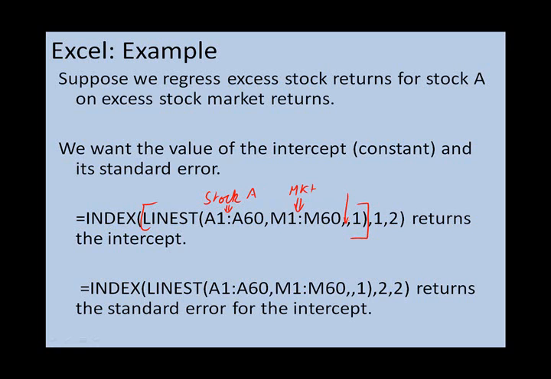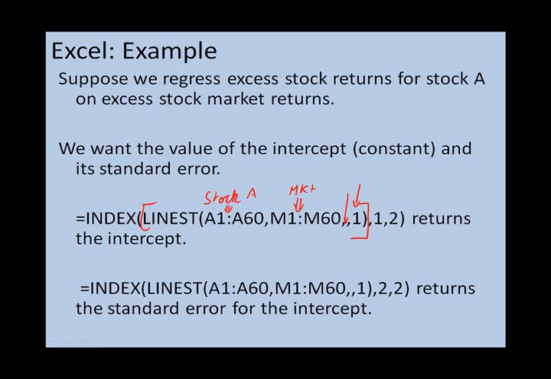We've left it blank, which means we do want a constant in the regression. That's the intercept. And then finally, we're telling Excel that we do want to see the statistics associated with this estimate. So we type 1. That's the LINEST function. And that automatically creates a matrix that's got 2 columns.